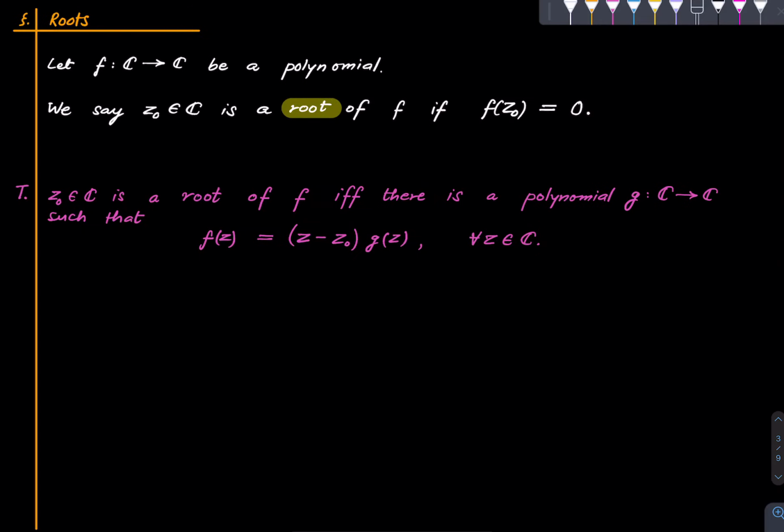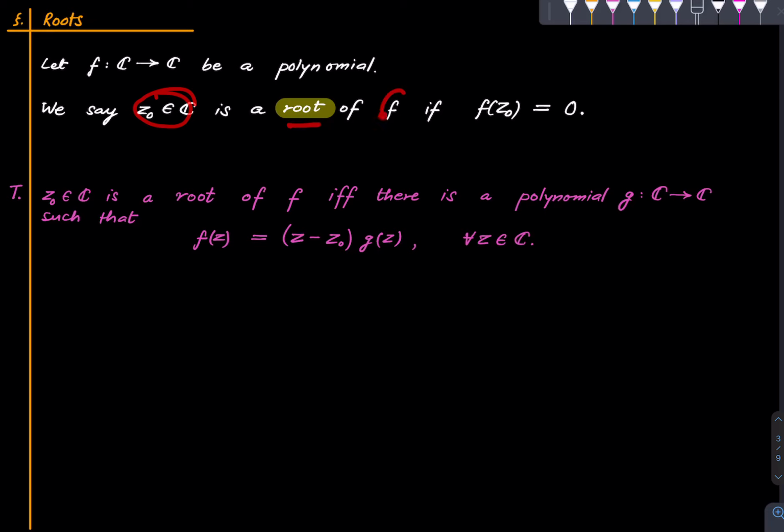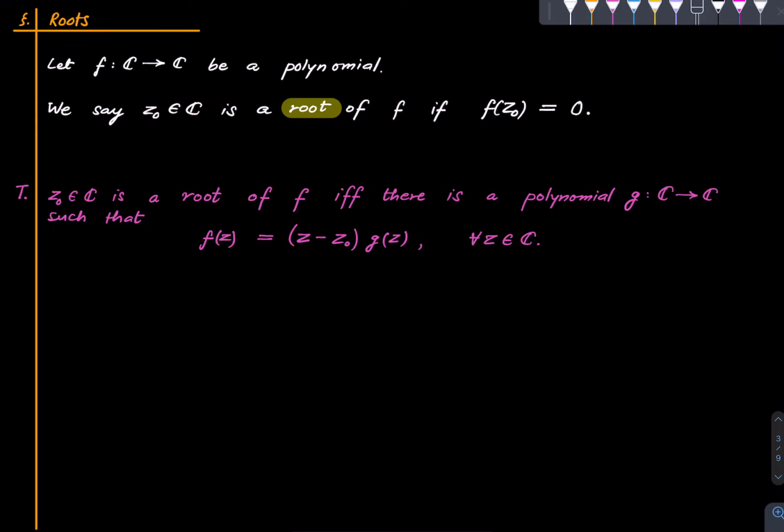We need the notion of a root. So fix a polynomial f. We say that a complex number z0 is a root of the polynomial f if this happens: f vanishes at z0. All right, so that's the definition, and here is a very nice theorem about roots.